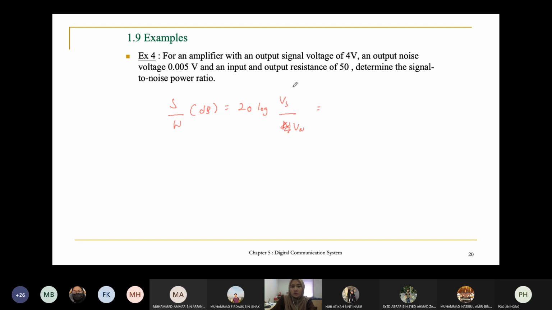Okay, so 20 log, your signal voltage is 4, and your noise voltage is 0.005. Okay, so please calculate this one. 58.06 decibel.